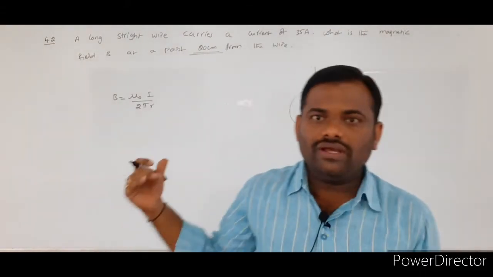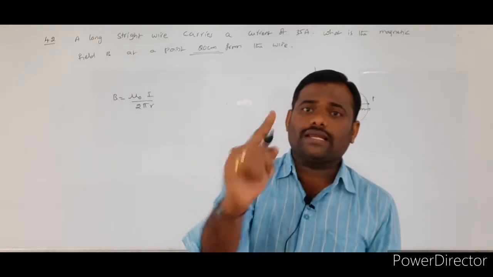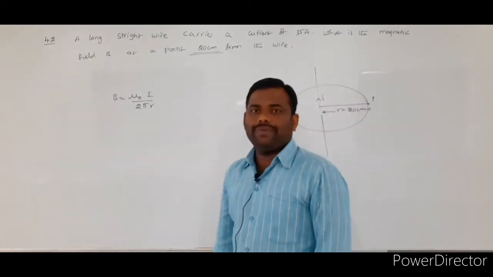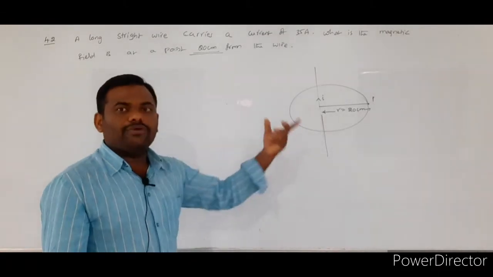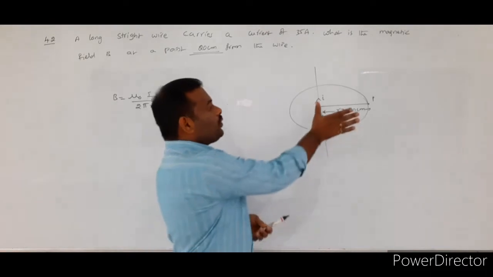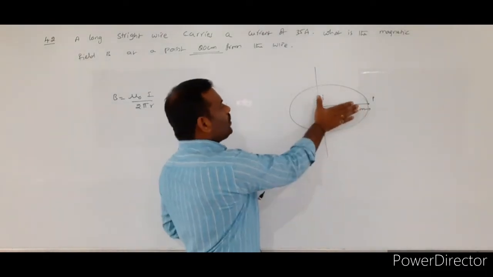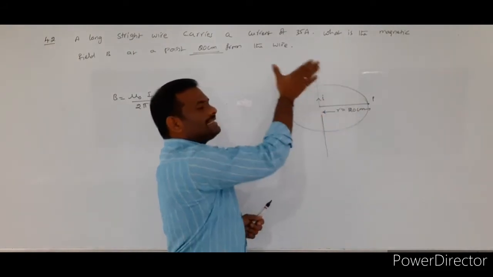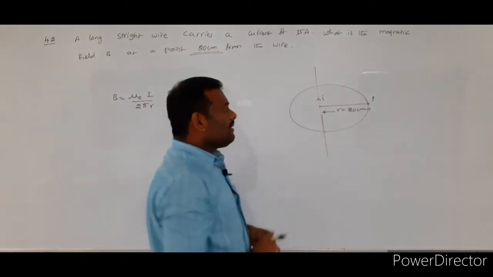Whatever formula we wrote on the board should be derived using the application of Ampere circuital law. In the application of what? Ampere circuital law. So just simply they ask about the magnitude. Suppose if they ask the direction, how can we find the direction? We have to apply the right hand thumb rule. So the thumb should be present along the direction of the flow of the current, and the curling fingers will give the direction of the magnetic field.